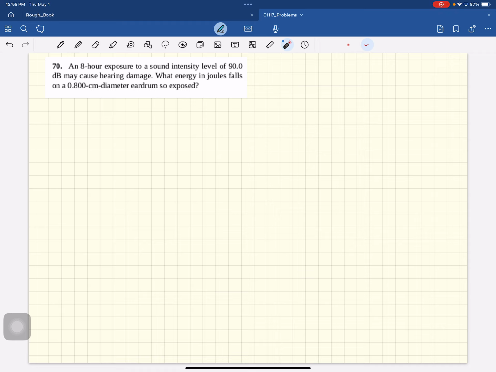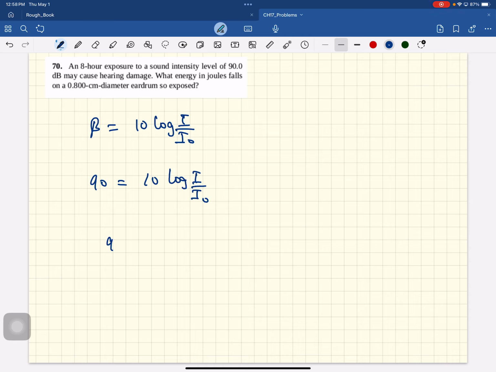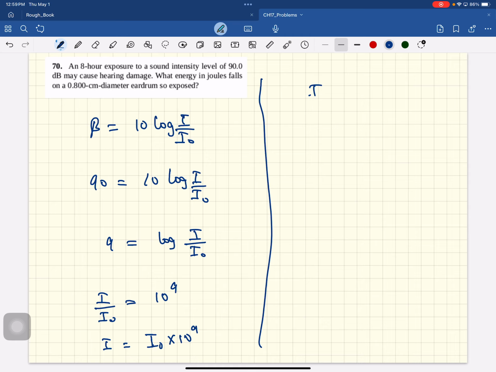So again, we'll calculate the intensity first. Beta equal to 10 log, and we've already done this, so I'll do this fast. 90 equal to 10 log I over I naught. 9 equal to... okay, so the intensity is, what is this?